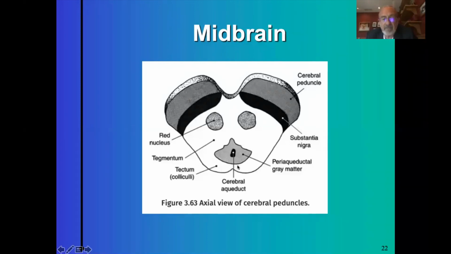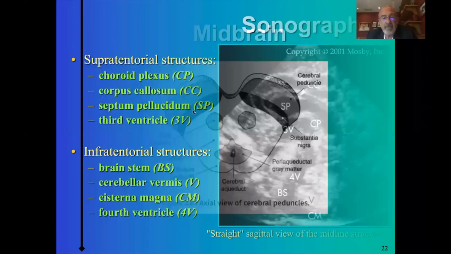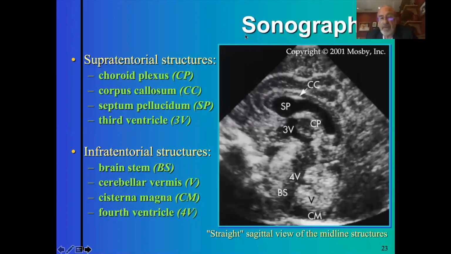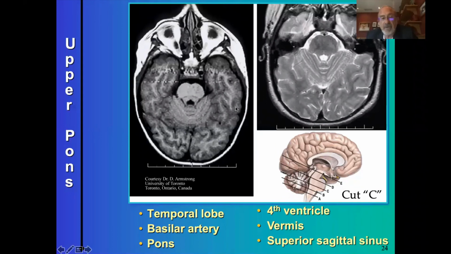The tectum, which is the colliculi, we'll get into later, well, I already did, and then the fourth ventricle, which we'll spend a bit more time with right now. I'm going to skip through this one. The pons is really a cool level. Again, you see some key structures over here. Different pulse sequences back over here show the vermis.